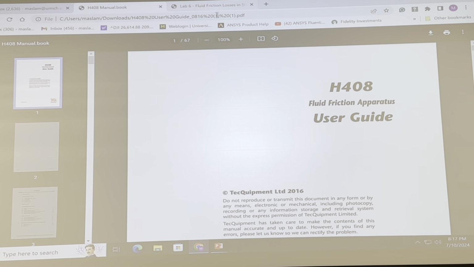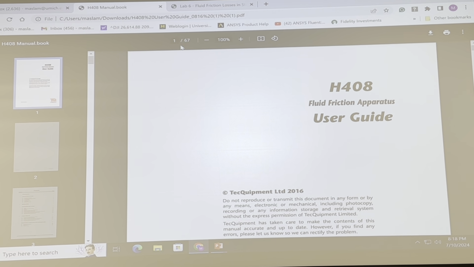Everyone can see my cursor here on the top. The material for this experiment, and also the tables you have to prepare, are all in the pages starting from 18, 19, 20.